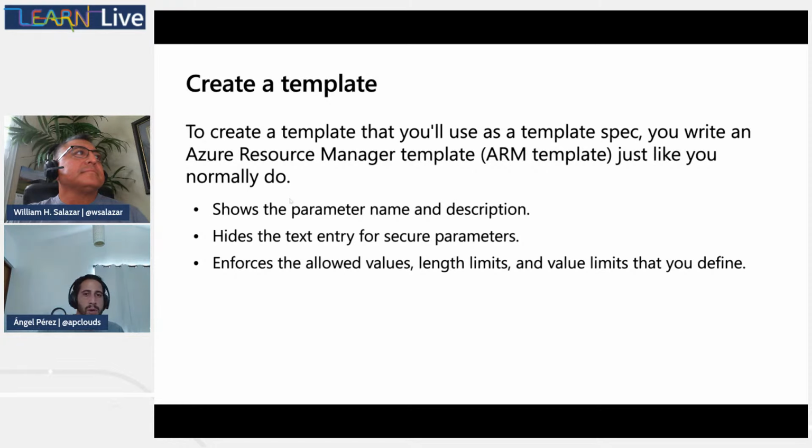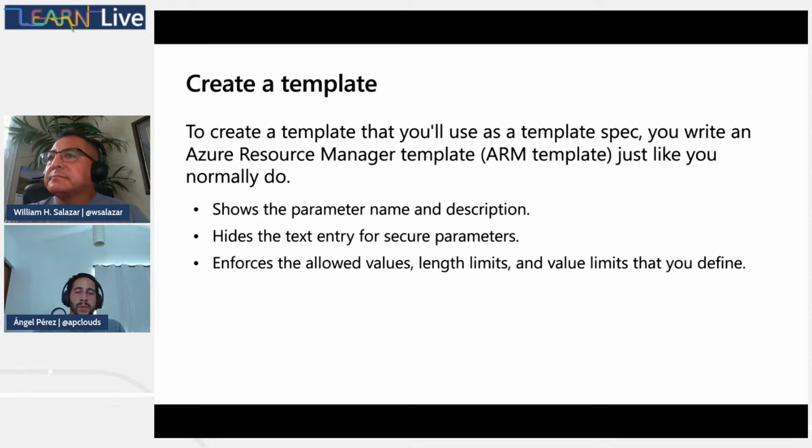But one of the things to break down in the template that you saw is that we're using parameters, and parameters are a key element to infrastructure as code in being able to ask whoever is deploying a given template to fill in a property value.